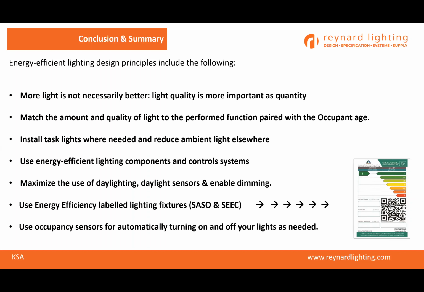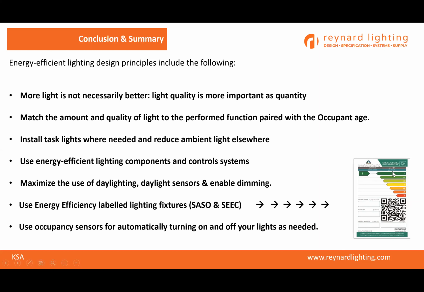Use energy efficient lighting components and control systems. Maximize the use of daylight, implement daylight sensors, enable dimming, as we have discussed. Use energy efficiency labeled lighting fixtures. This is a sample of the energy label by SASO for each lighting product, similar to the energy label of electrical appliances.